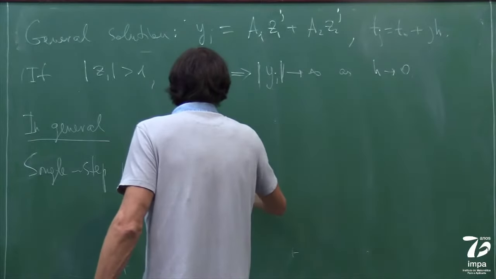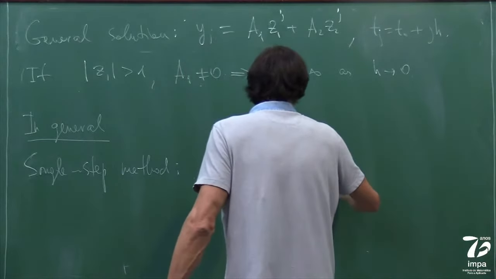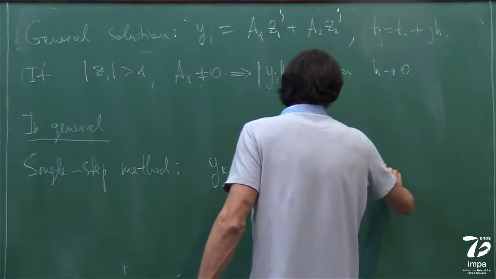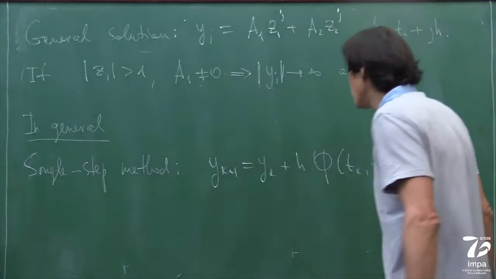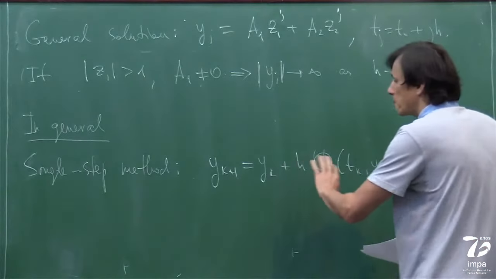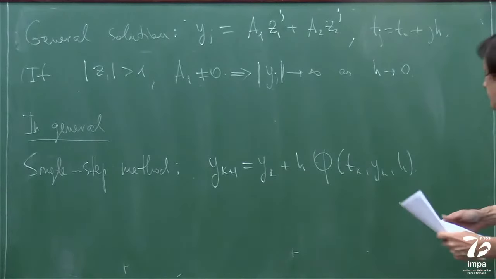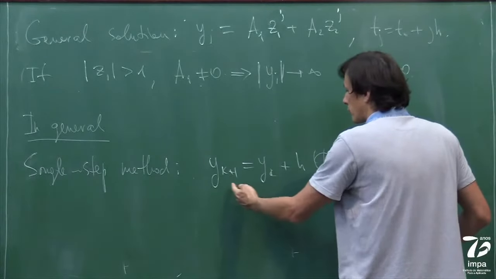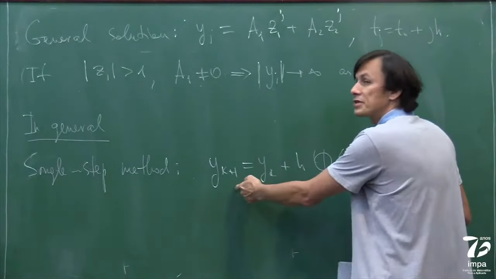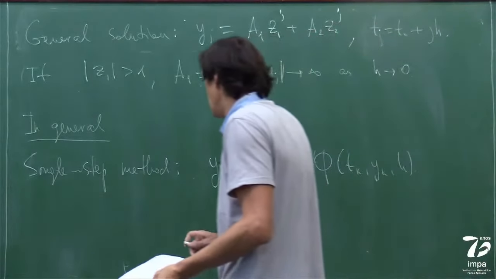A single step method gives us a new point in terms of the previous points. What you see is that you can look at this relation independently of the equation of motion of the system that you were approximating. You can just look at this relation as a system which has some dynamics with increasing k. And the system by itself can be stable or unstable in the following way.